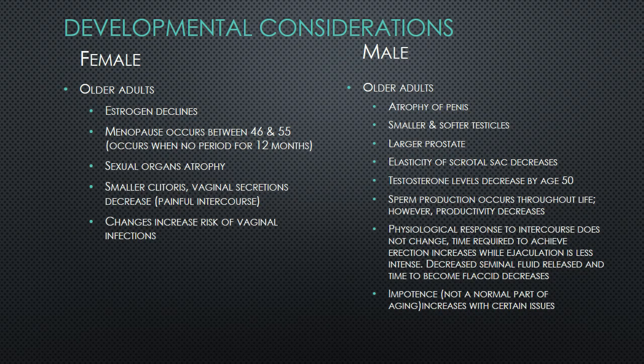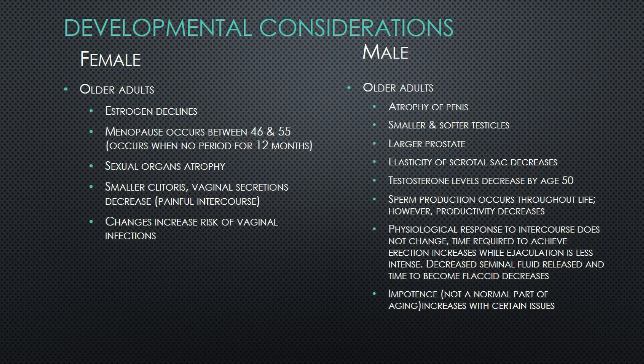The male has the same physiological response to intercourse. However, the time required to achieve erection will increase, and ejaculation is less intense. The male will have decreased seminal fluid, and their time to become flaccid will decrease. Impotence in the male older adult is not a normal part of aging.